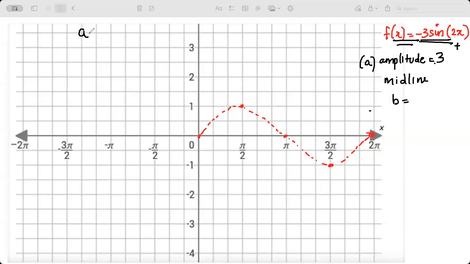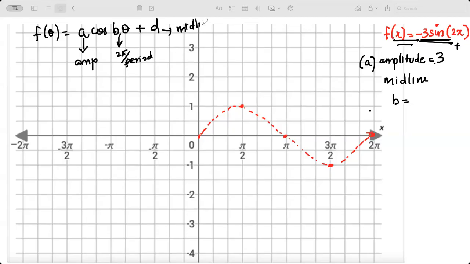Remember, our transformed equation becomes A cos B theta plus D. So this is our f of theta, the transformed graph. A represents amplitude, B represents 2 pi by period, and D represents the midline. So what is the midline? Midline is 0 plus 0, right? Yeah, 0.